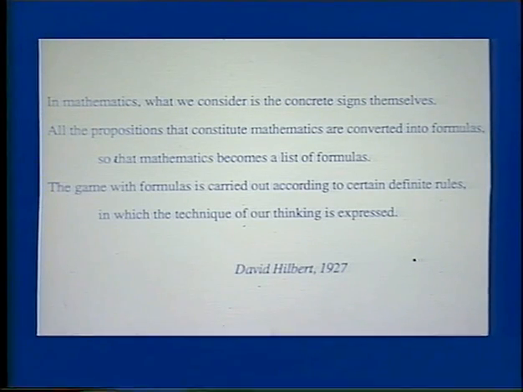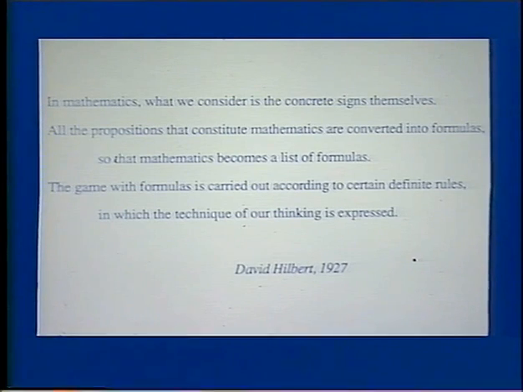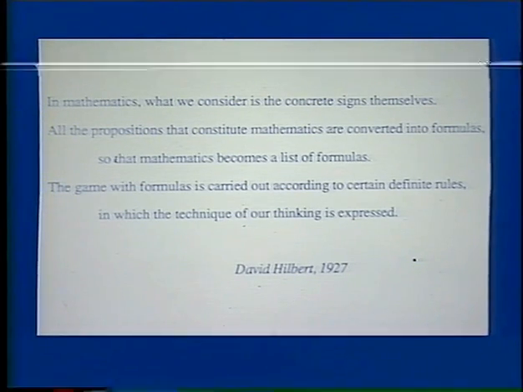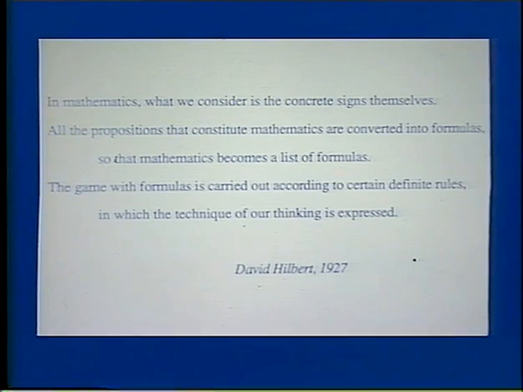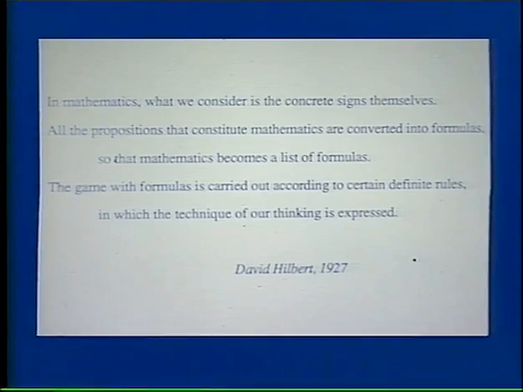As he said, in mathematics what we consider is the concrete signs themselves. All the propositions that constitute mathematics are converted into formulas. He means he wants to convert them into formulas so that mathematics becomes a list of formulas. And he says the game with formulas is carried out according to certain definite rules in which the technique of our thinking is expressed.